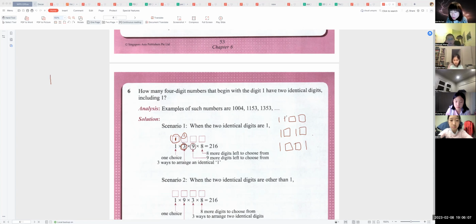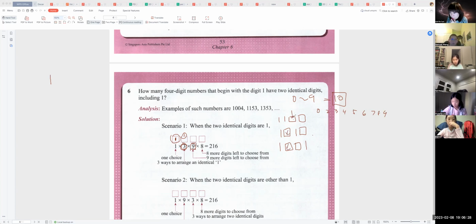It's because 1 has been used, and from 0 to 9, there are altogether 10 different numbers, and 1 has been used, and this one could be another 0, 2, 3, 4, 5, 6, 7, 8, 9. So there are altogether 9 options to put it here, here, or here.